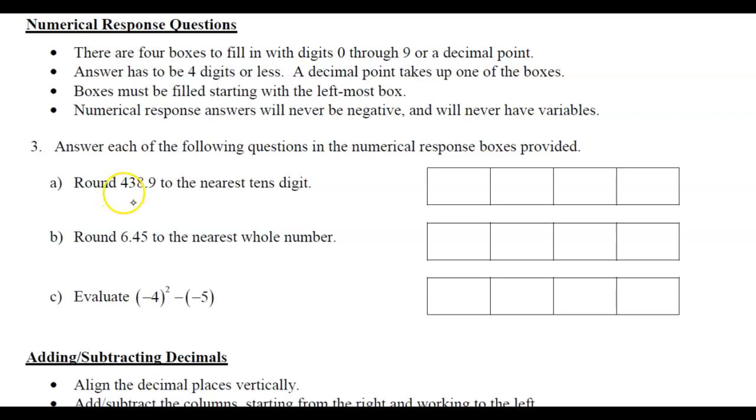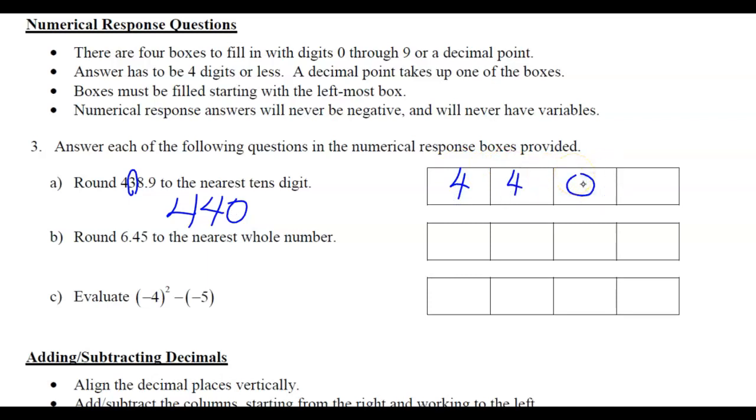So let's do this one. This is rounding to the nearest tens digit. So I circle the 3. So 4 stays the same. The 8 after the 3 makes the 3 go up to a 4, and then I fill in. Okay, I don't fill in decimals afterwards. So I fill this in starting from the left.